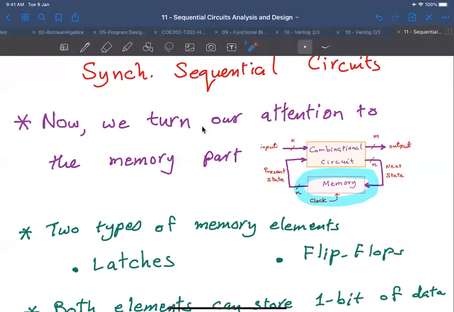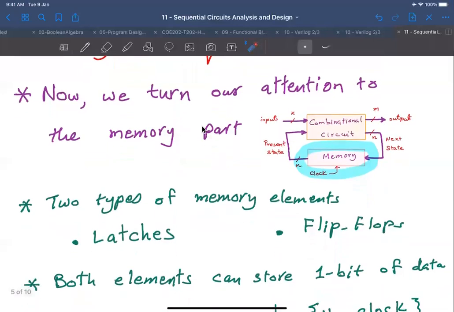So if you need, for example, 5 bits of memory to store your state, then you will have to use 5 latches or flip-flops. Later we'll see that latches are not really good for use with clocked sequential circuits, but they are used to implement flip-flops.